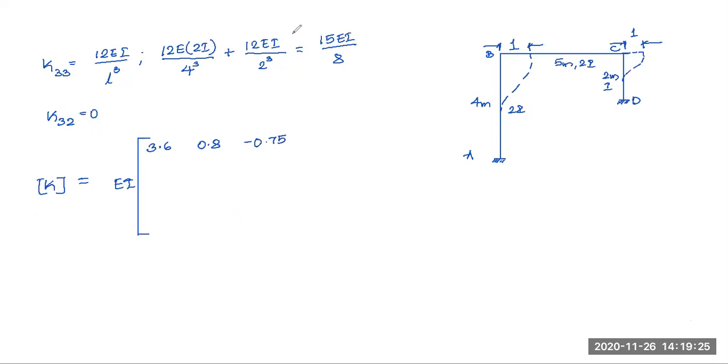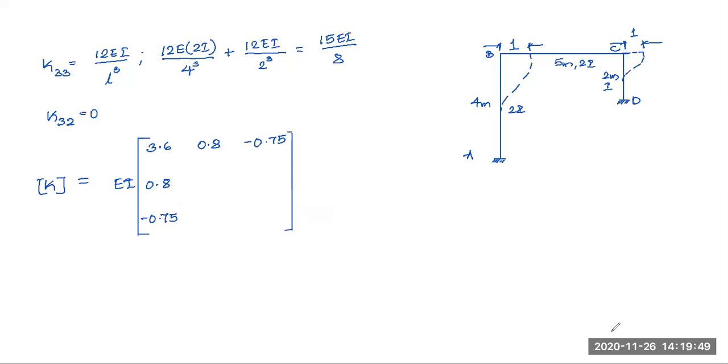So that is our first row of the stiffness matrix. Is that okay? The values I have taken after dividing. This first column will be same as first row, so directly I can put 0.8, minus 0.75.